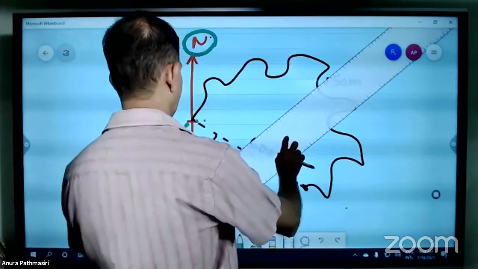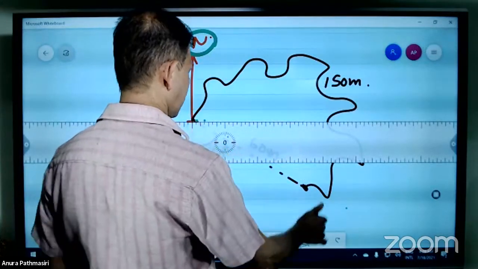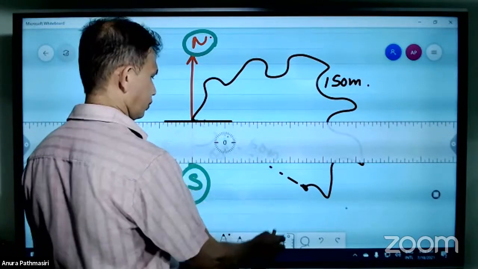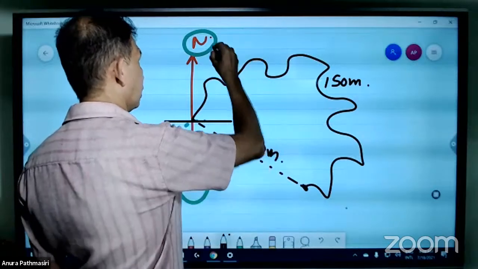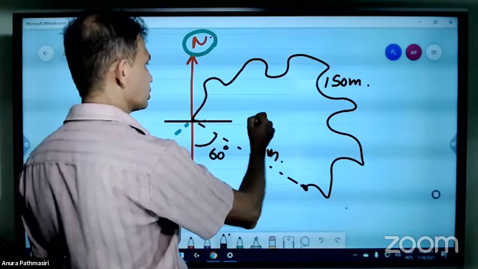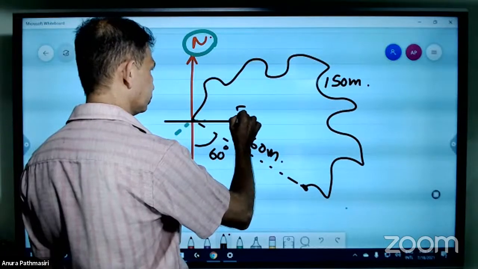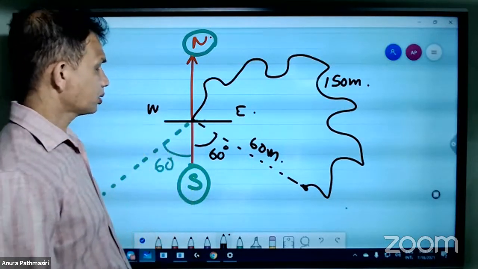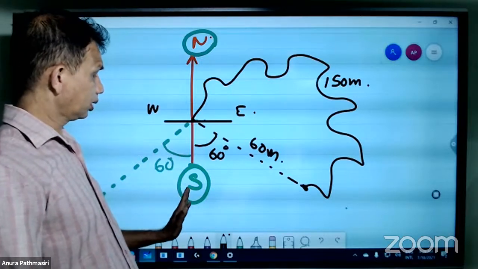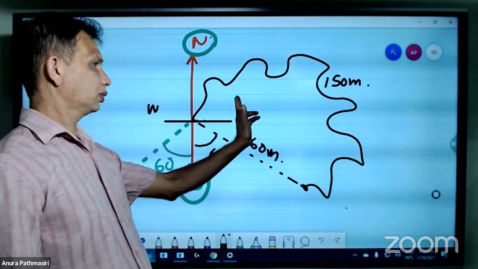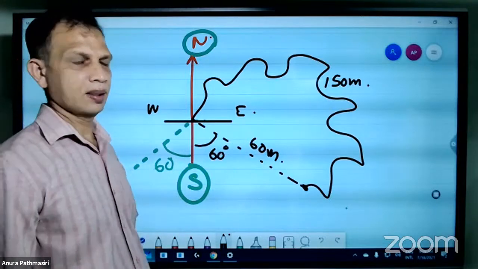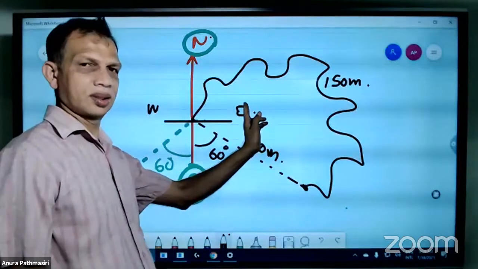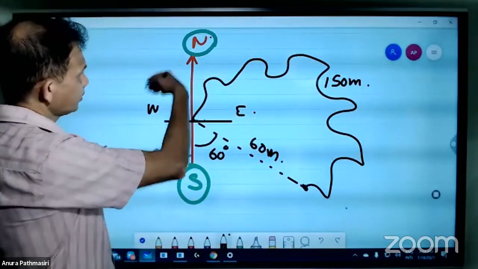What's the other direction? You can select from here, which one? North, this is east. Am I correct? This is west. So you can say 60 degrees from south to east. South to east. Then that problem is avoided.